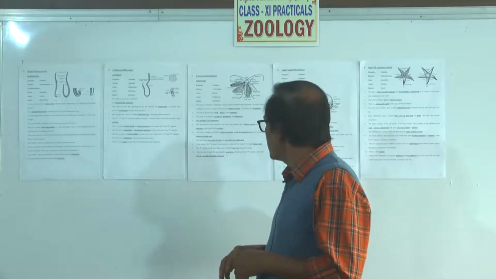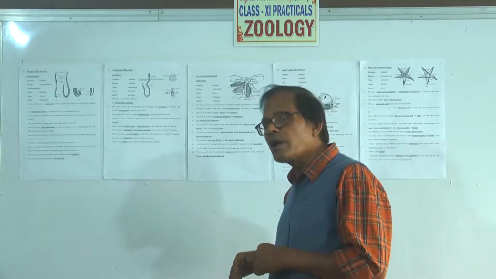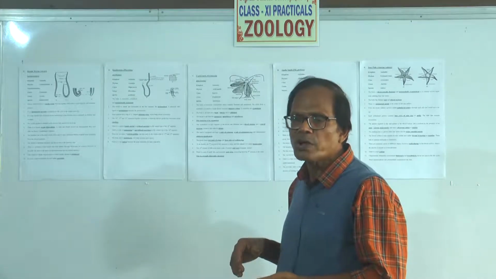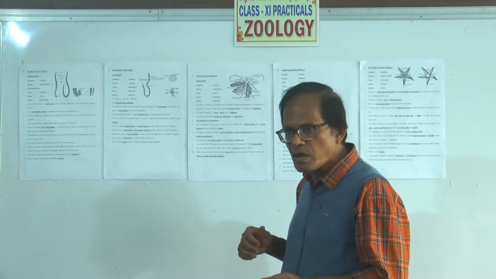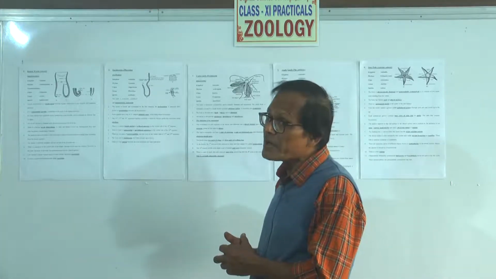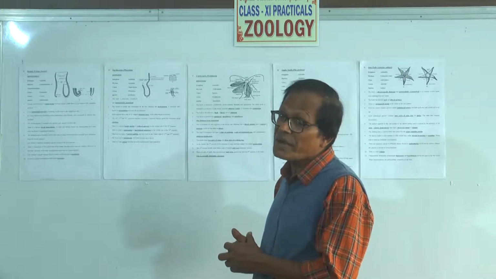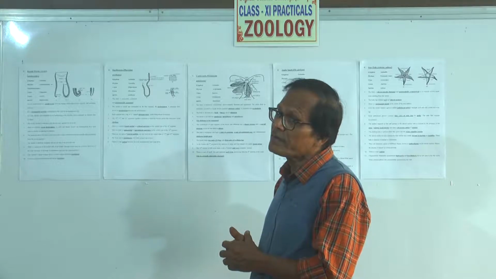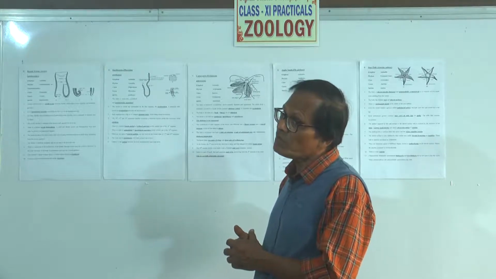In a female, the seventh sternum. Recall, the sternum is the ventral cuticular cover of each segment. So the seventh sternum: I have already mentioned that the abdomen is 10 segmented. So look at this seventh segment of the abdomen, the seventh sternum.